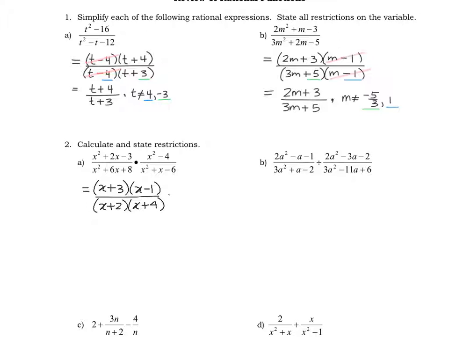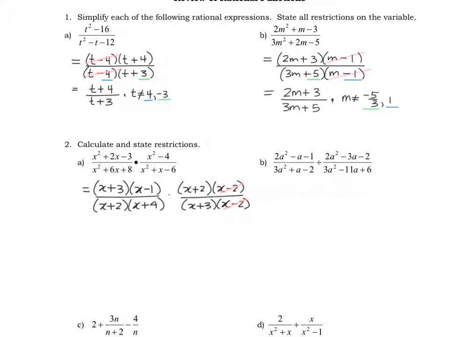Then we're going to multiply this by x plus 2, x minus 2, divided by x plus 3, x minus 2. Okay, and now we can start canceling some common terms.